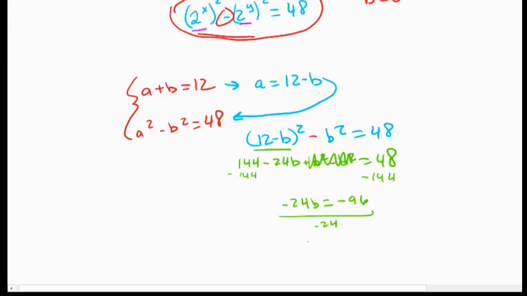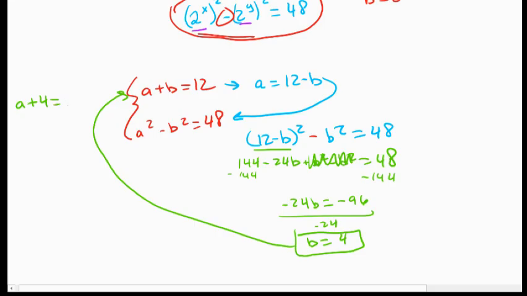And that gives me my b value of 4. So b is great, but not necessarily helpful just yet all the way. So I'm going to solve for a by plugging that into this here. So I got a plus 4 equals 12, and a is equal to 8, which is great.